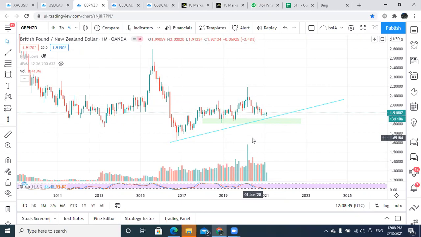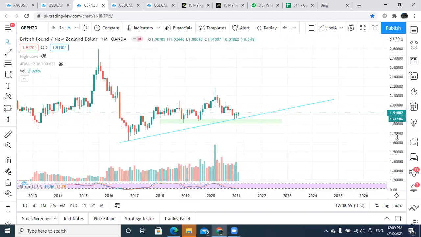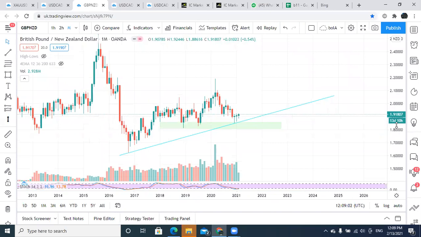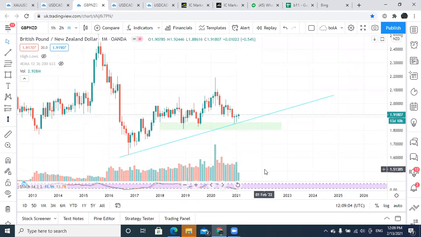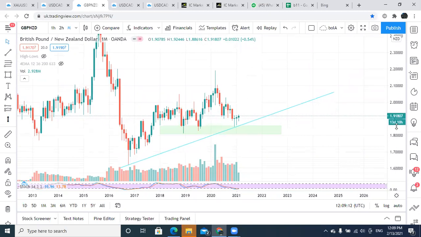The next key thing for me is, is the New Zealand itself going to become weakened? So I'll look into that in this class as well. If the New Zealand is going to become weakened, and then obviously the pound continues to resume its very strong uptrend, then this pair has a very big potential going forward.